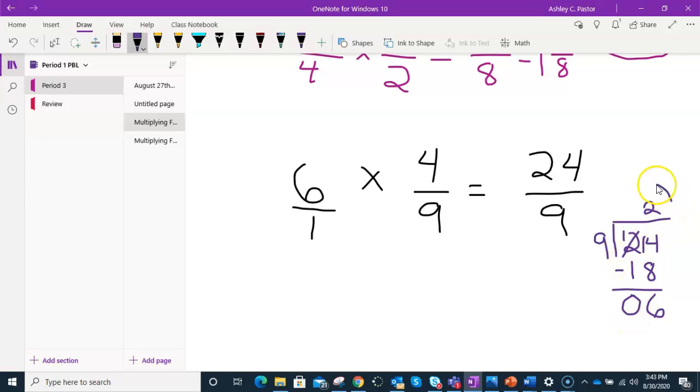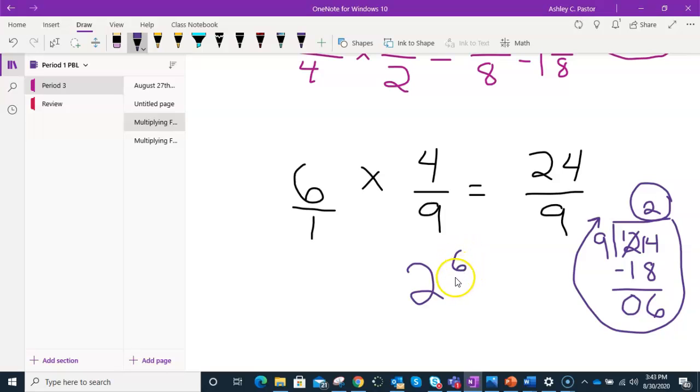So in here, I get 2 and 6 ninths. So 2 and 6 ninths. And I could even simplify this even more, because 6 over 9 can be simplified by dividing by 3. The 2 is not affected whatsoever. And I can divide the top by 3 and the bottom by 3.